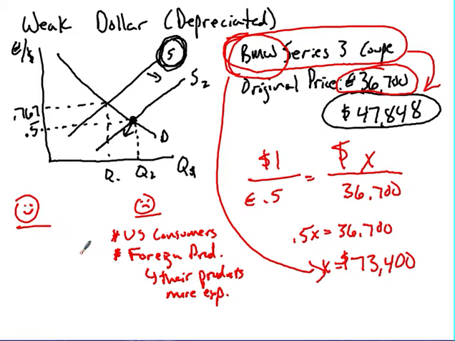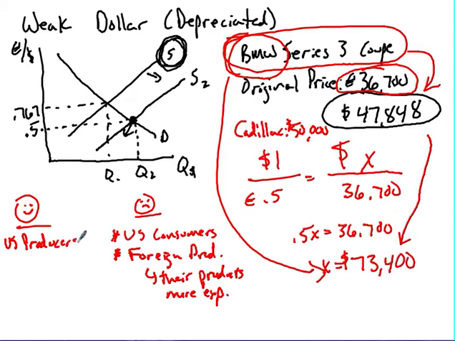Let's say a Cadillac was 50 grand, and you were debating between buying the BMW or the Cadillac. Originally you're going to buy the BMW because it's cheaper, if price is your only consideration. But if the price goes up to $73,400, now you're probably going to buy the Cadillac. So here we'd say that U.S. producers would be extremely happy with a weak dollar.